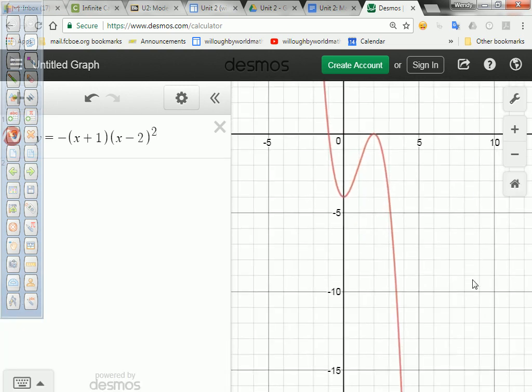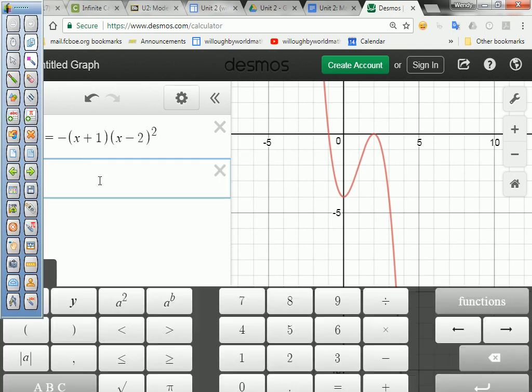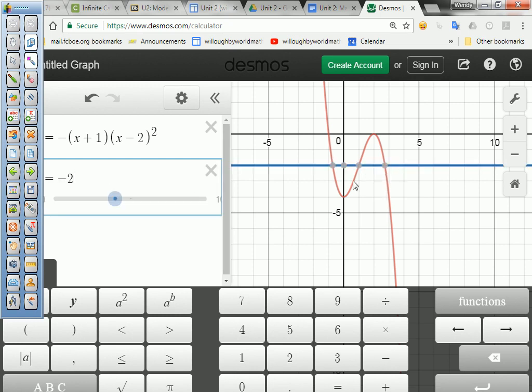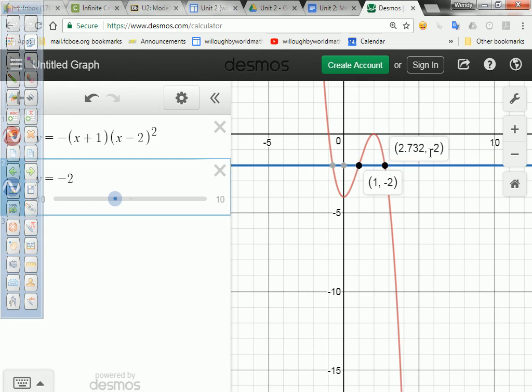I think we nailed it. All right, and now I'm going to add a second equation, and this is what you can do also. Negative 2. So this one we could tell was perfect. We got really close. This is 2.732, and this is negative 0.732. So Desmos is really nice, and it's really easy to see where those intersect. So we got really close.